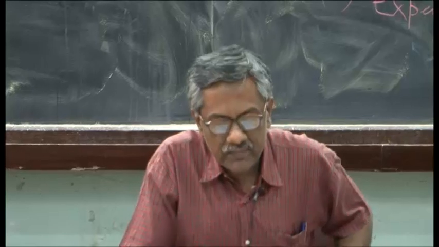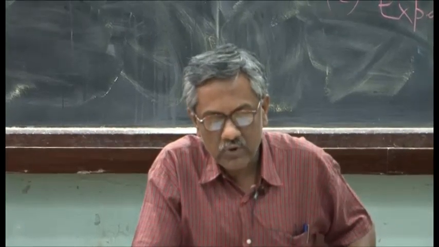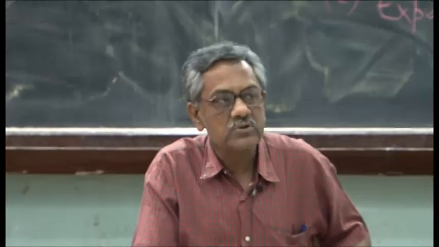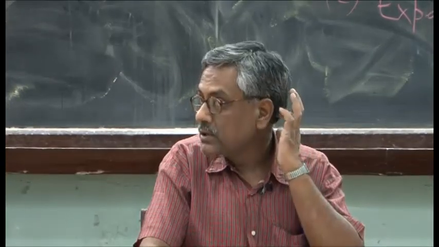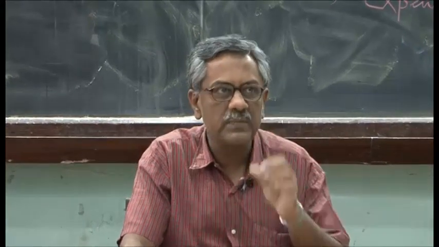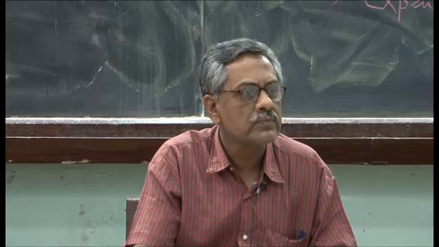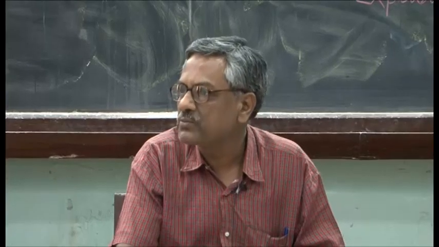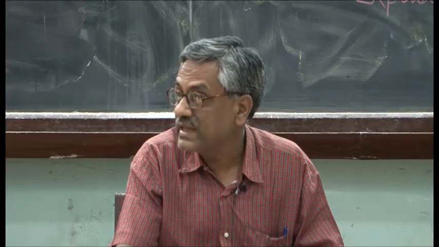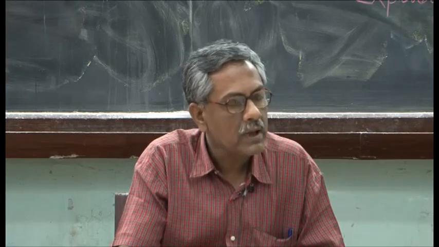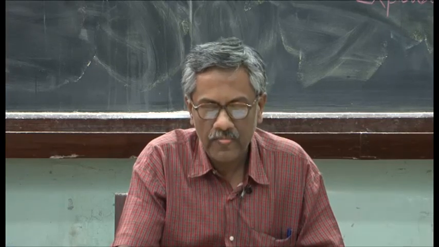GDP, suppose I want to explain GDP first using the output method. The full expanded form of GDP is gross domestic product, and GNP is gross national product, and NDP is net domestic product, not gross, net, and NNP is net national product, net.